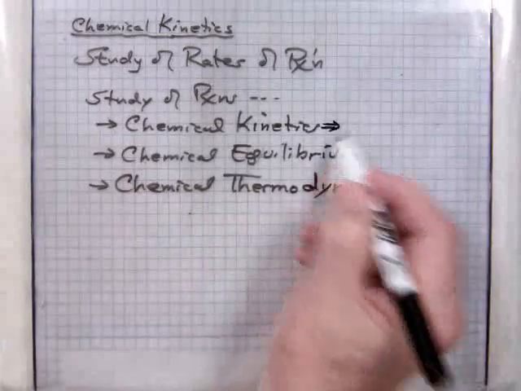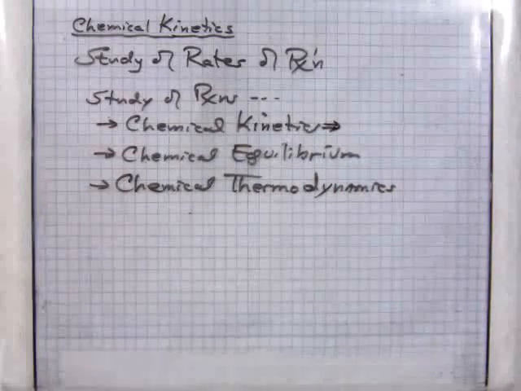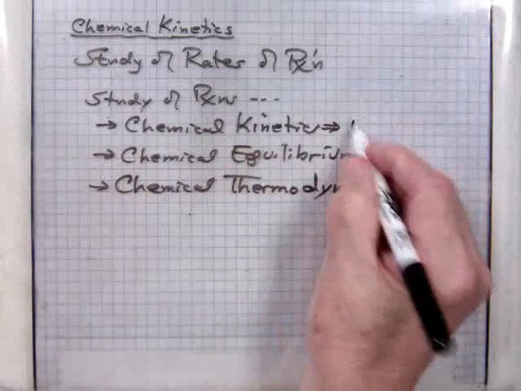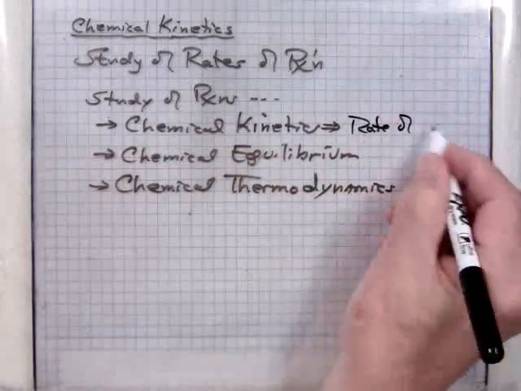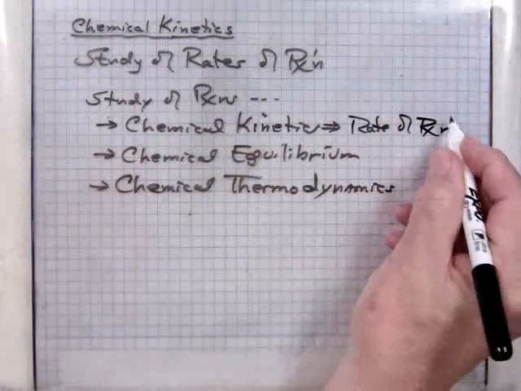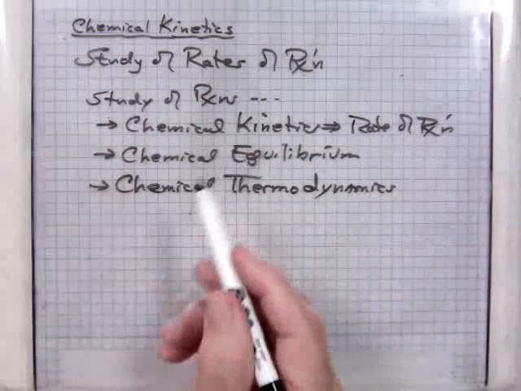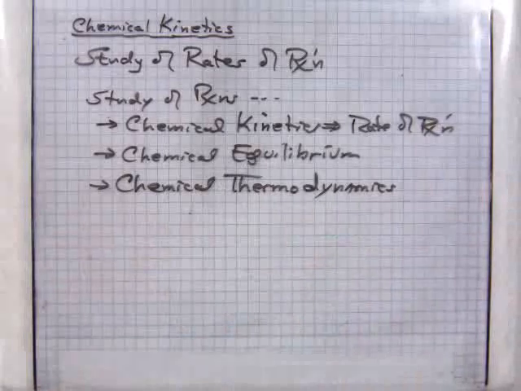Chemical kinetics, as I just mentioned, is the analysis of rates of reaction. Now, when we get there, you'll understand what chemical equilibrium is.